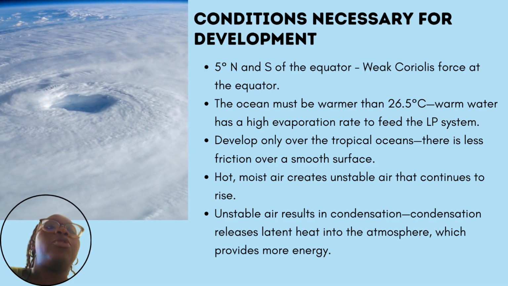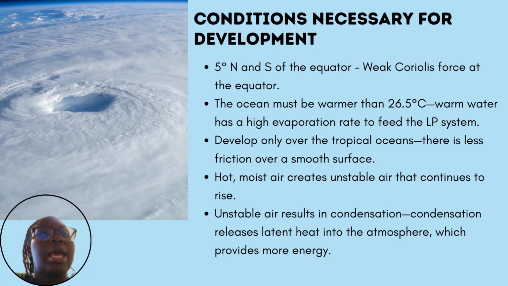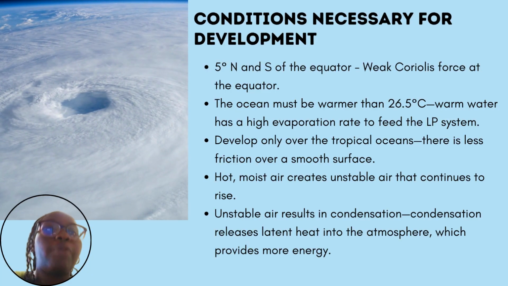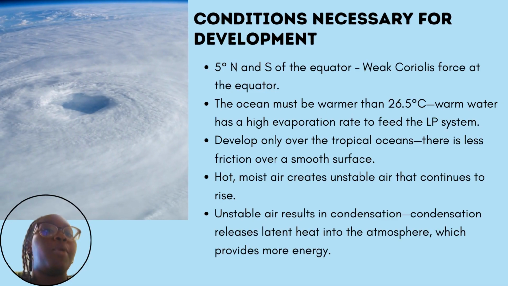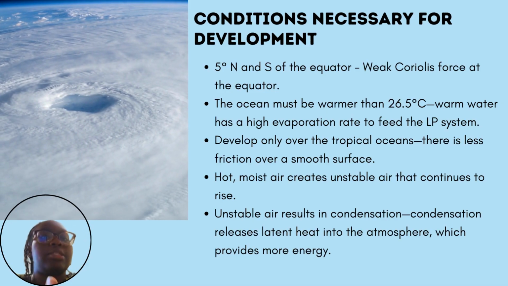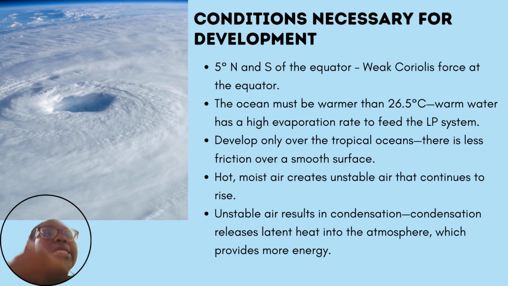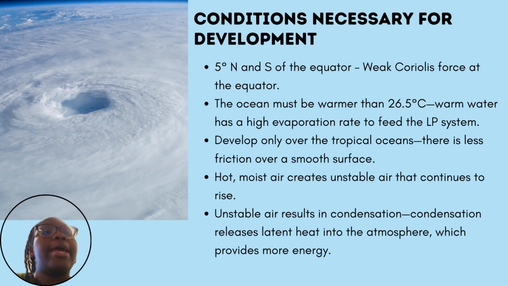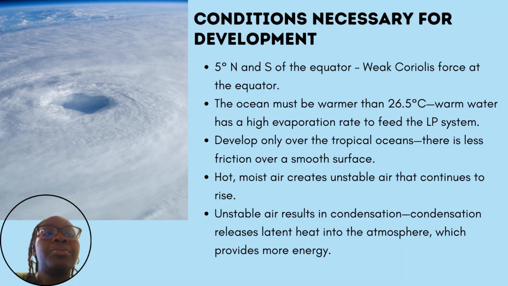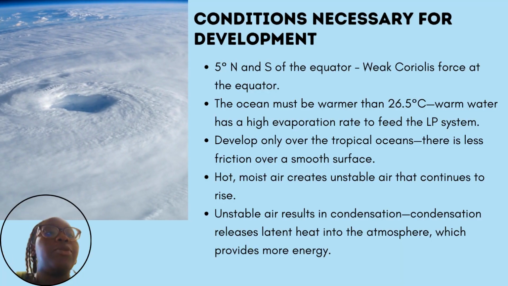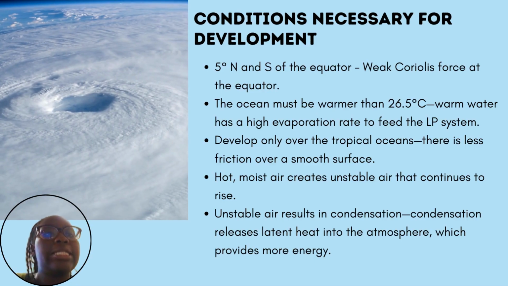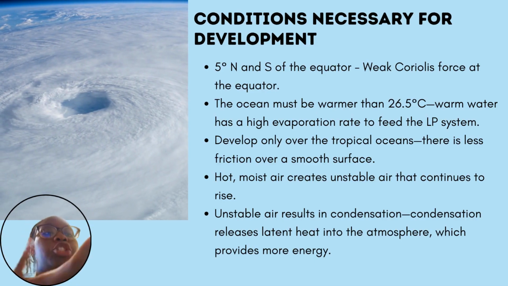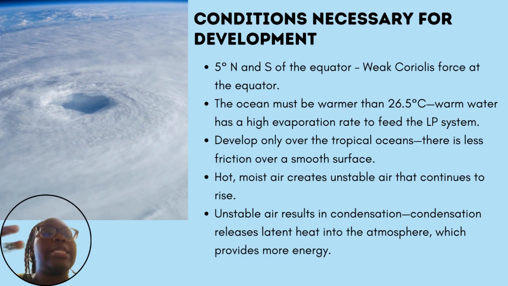It usually develops only over the tropical oceans because there's less friction over a smooth surface, right? So the moist air that is greater than 26 degrees creates unstable air that continues to rise. And then that unstable air results in condensation, which is then going to release latent heat into the atmosphere, and then that produces more energy. So it's a system that sort of feeds itself, right?